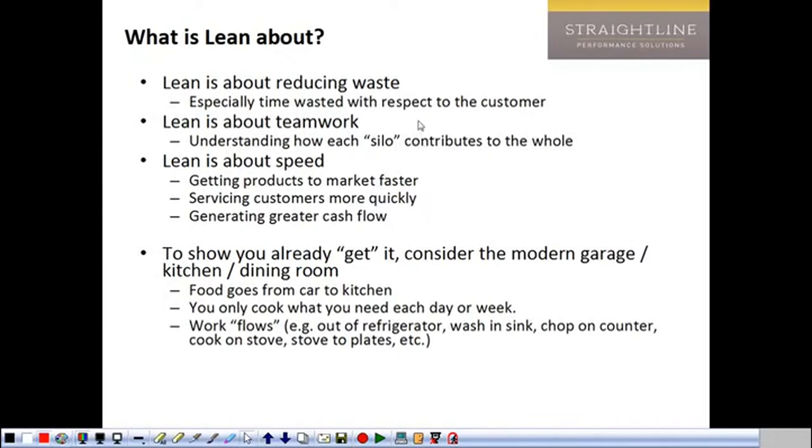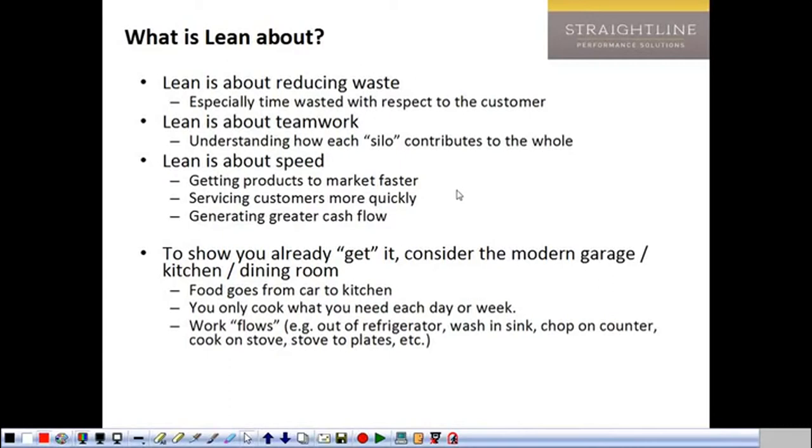But there's a couple of key aspects of Lean that I wanted to point out. And that is that it's about teamwork, but in a cultural sense. To really make the Toyota production system work, there has to be an effective culture change.